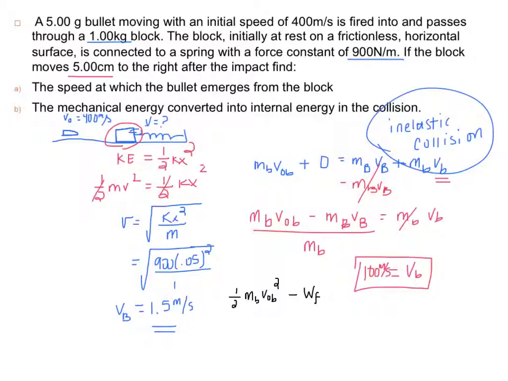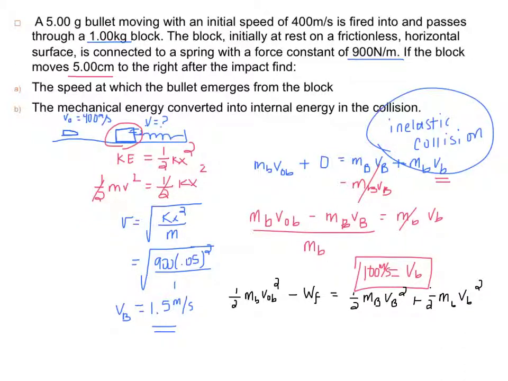It's not kinetic friction. And what I mean by that is it's not the friction in between the block and the surface. It's more of the friction in between the bullet and the block. That is equal to our kinetic energy of the block plus our kinetic energy of our bullet.